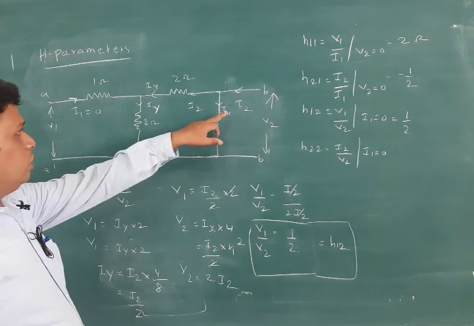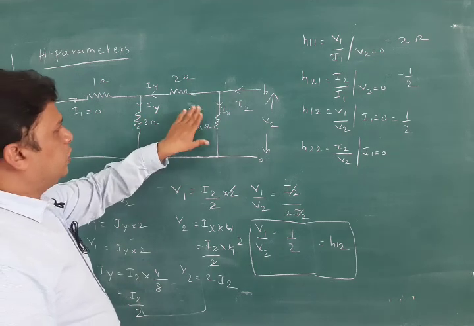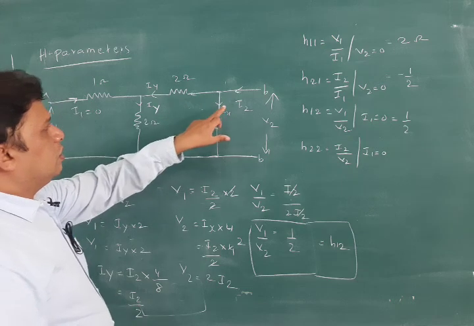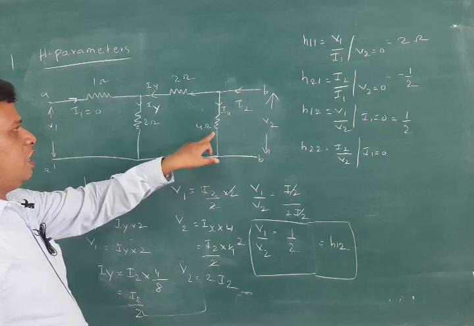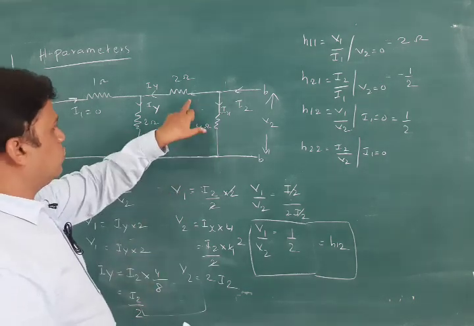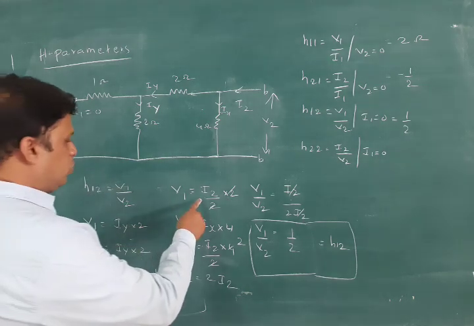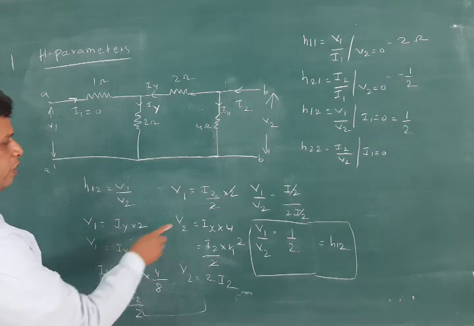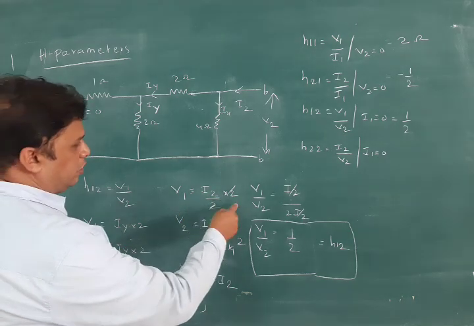Total current into opposite resistance. What is the opposite resistance? For Iy the opposite resistance is 4, 4 by total resistance, 4 plus 2 plus 2, that is 4 by 8, which is I2 by 2. Substituting, V1 is equal to Iy into 2, I2 by 2 into 2, it gets cancelled and only I2 remains.